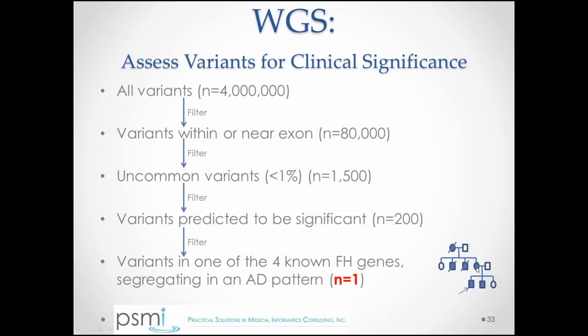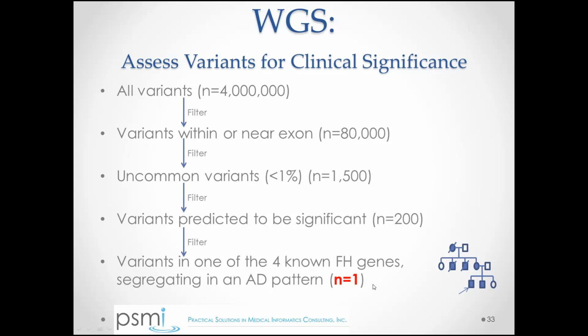Now, we could have tested the unaffecteds as well to gain additional statistical power, right? But here what we did was we looked in these 4 genes and we said, find a mutation in one of these 4 genes that this patient has, and we want to also see that same mutation in mom and brother. And when we applied that last filtering step, we were left with just 1 mutation. We started with 4 million, we worked down this filtering, and we wound up with 1 mutation.